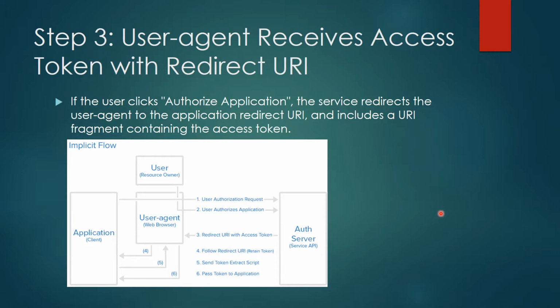So the fragment of the URI contains the whole access token, and it is being passed to the user agent right here. So here is now our token on the user agent, on the browser.